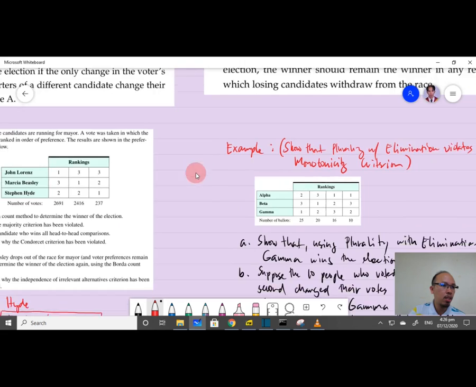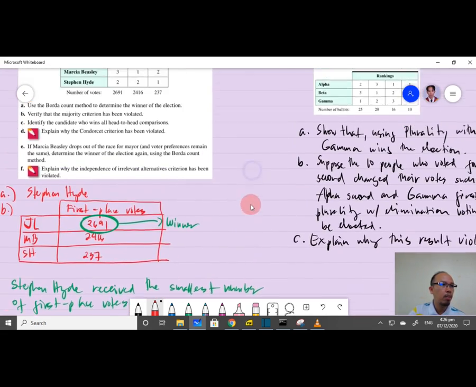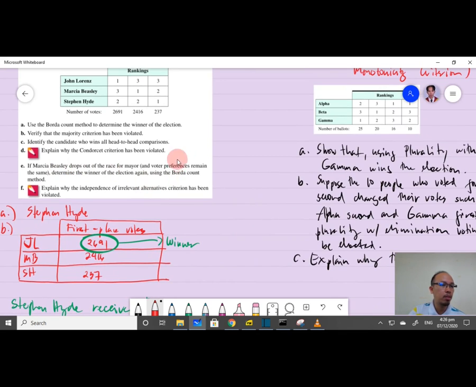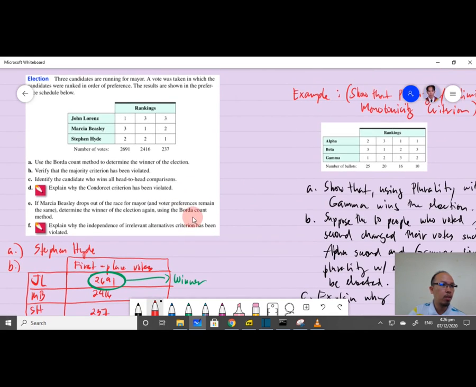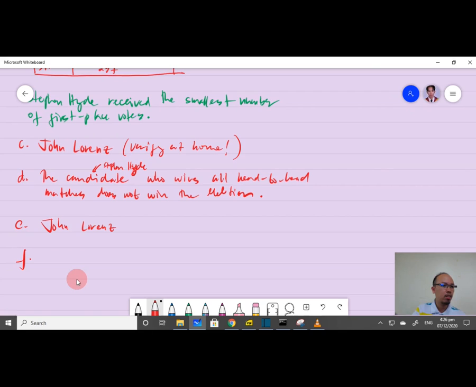As you can see in this example, Marcia drops out of the race for mayor. So again, calculate using Borda count. The winner should be Stephen Hyde, but the winner for letter E is John Lawrence. So maybe we can verify it. Let's have a solution.